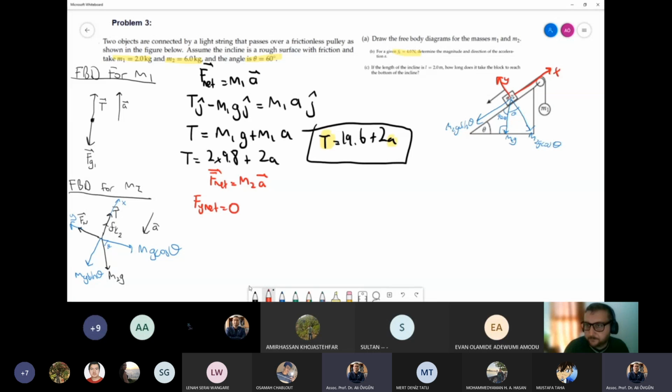So what are the forces in the y direction? F normal j hat minus mg cosine theta j hat equals 0. So from here you can write that F normal equals mg cosine theta.